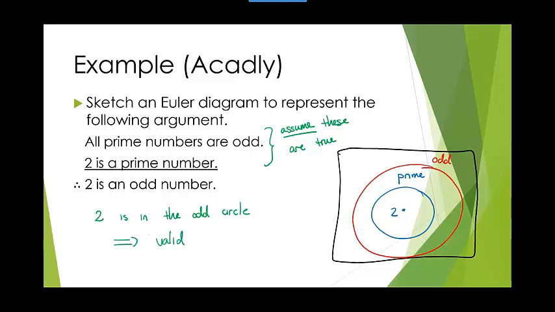And again, of course, 2 is not an odd number, but the argument is valid, so that would tell you that the premises must not be accurate. Okay. So this one, there is no ambiguity about where the 2 could go. It had to go in the blue circle.